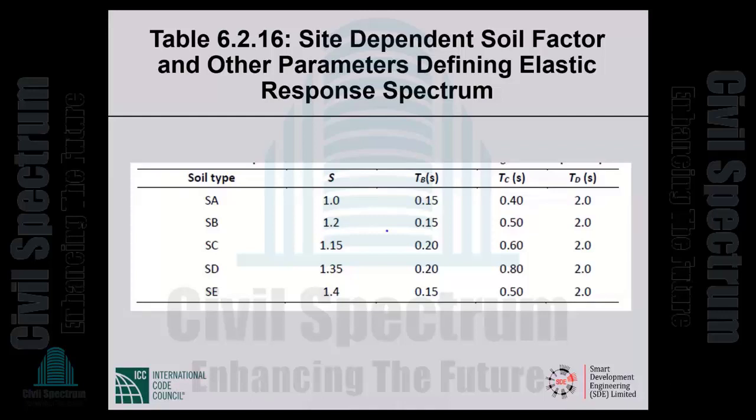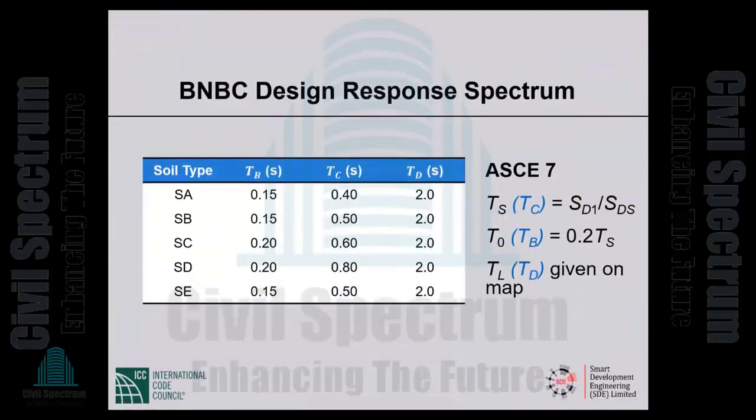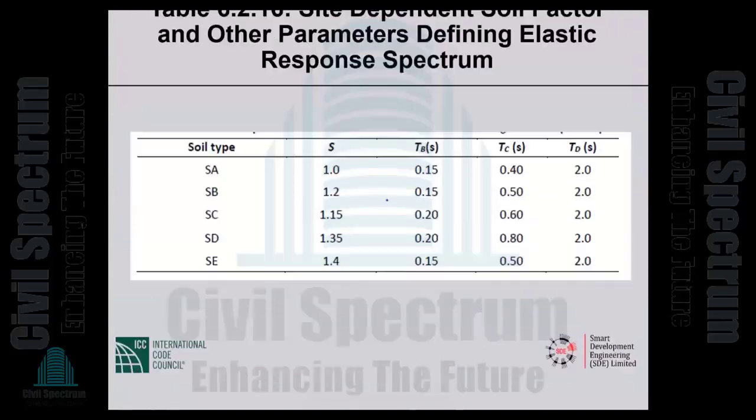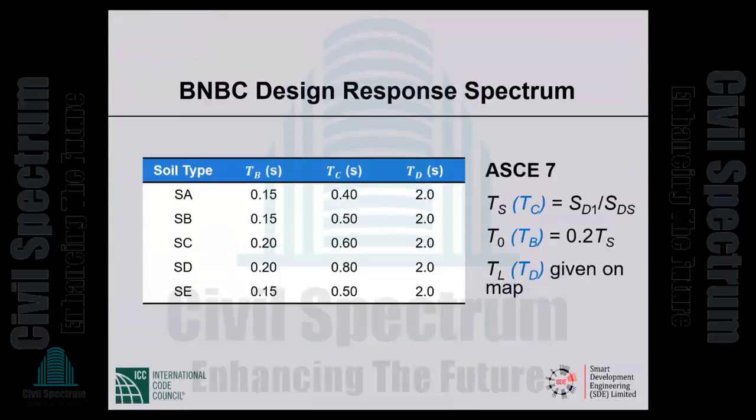This table defines the soil dependent spectra of BNBC 2020, and I will remind you that those spectra are still the MCE level spectra. Okay, so this table and this table are the same, except here I don't have the soil factors.